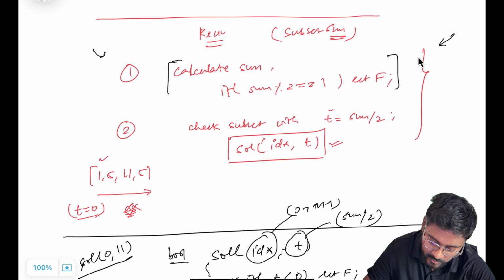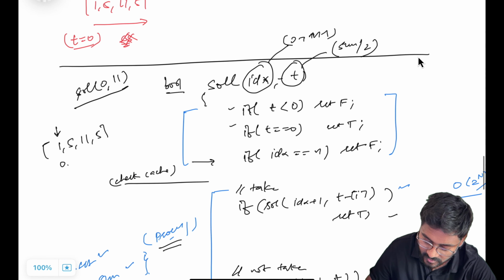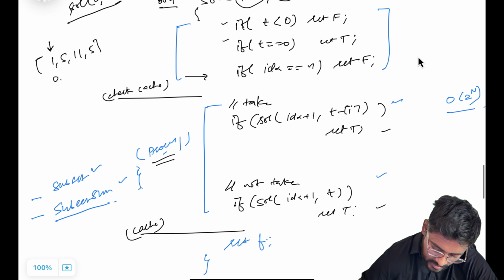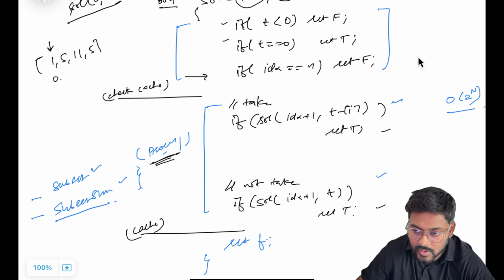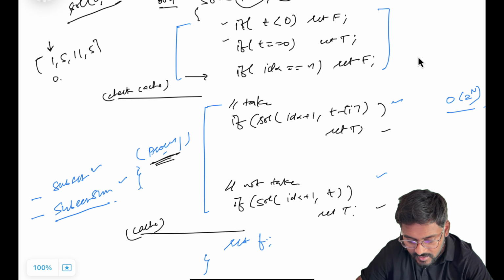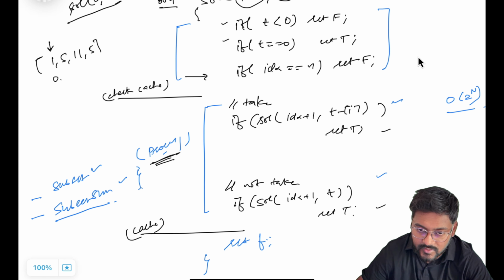First of all, I need to calculate the sum. This is order of n time, and then I will check the condition if it is odd or even. After that, subset with a given sum, subset with the target equal to sum divided by 2, and this is our utility function. In the utility function, I'm going to check the cache before doing the processing. Before processing, I will check whether I have already solved this problem or not.